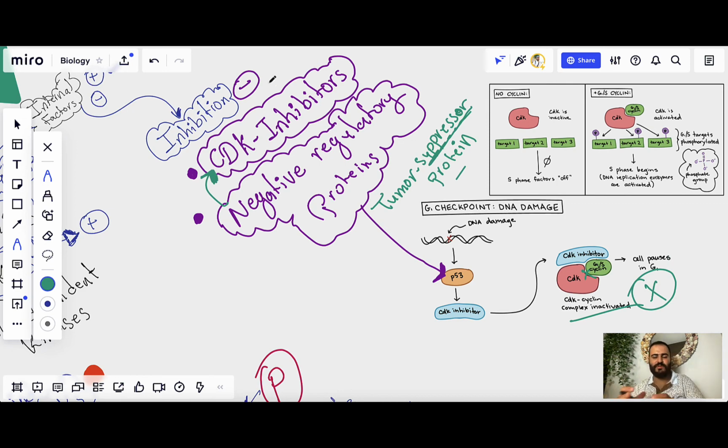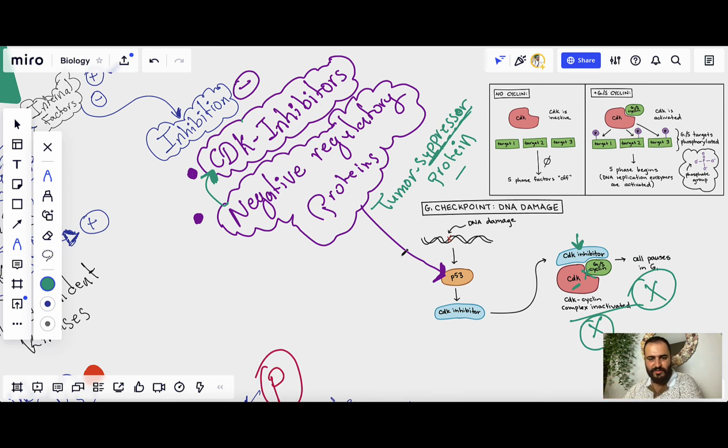So the negative regulatory proteins will activate the CDK inhibitors. The point is simply that, in order to prevent the cell cycle from happening, we need to prevent the binding between cyclin and CDK. In order to prevent that, we have a molecule called CDK inhibitor. This molecule must be activated. In order for it to be activated, we need other proteins called negative regulatory proteins.